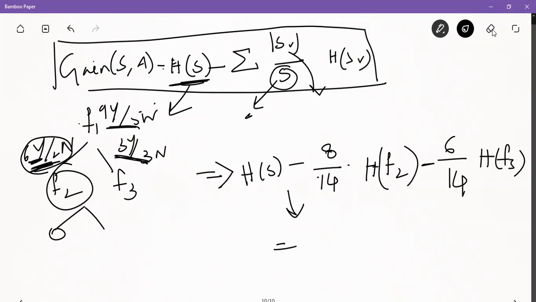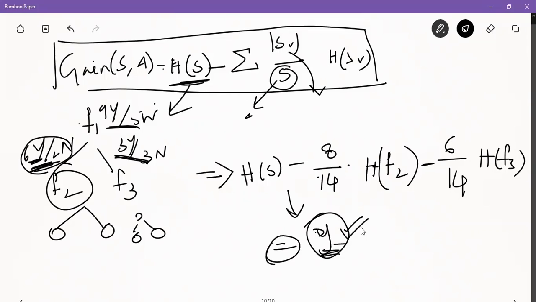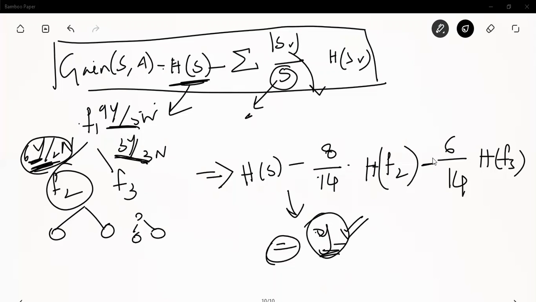This will give you some value, let's say 1. And you compare the two splits, the first split and the second split. Whichever split has the highest value, which means highest information gain, that is the node you will be considering for your decision tree classifier. That is why calculating information gain is important.